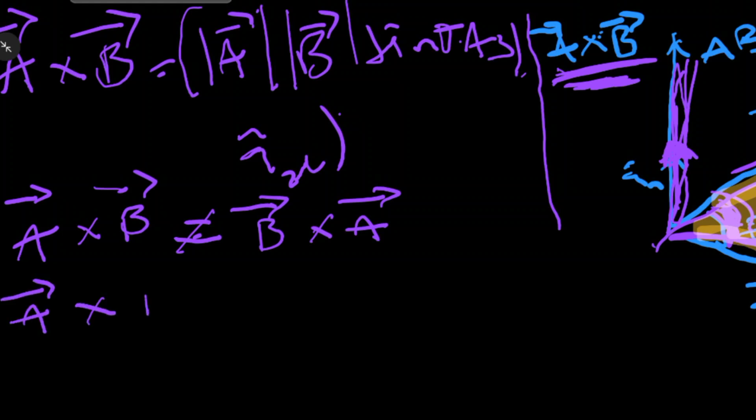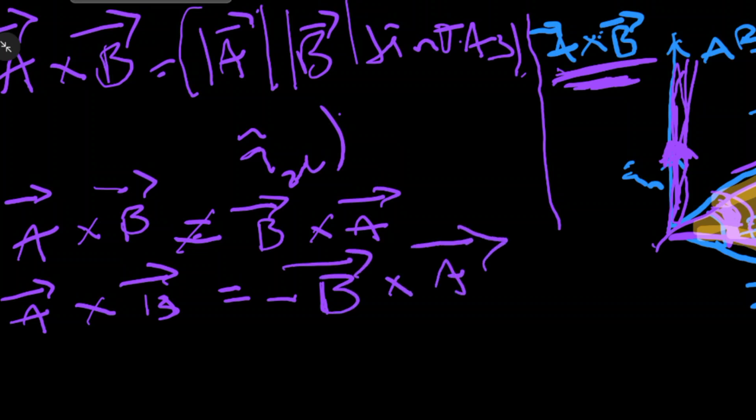So it's now something more like negative this by this. So it's anti-commutative. You can't just change the position.